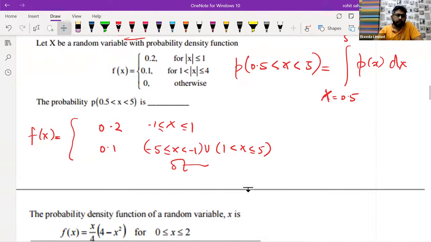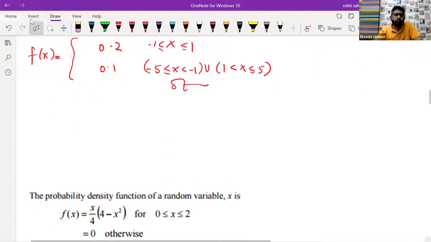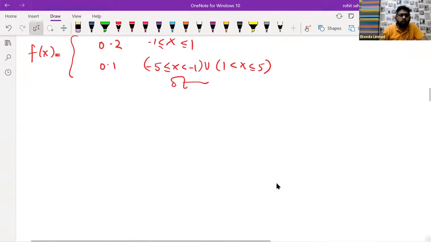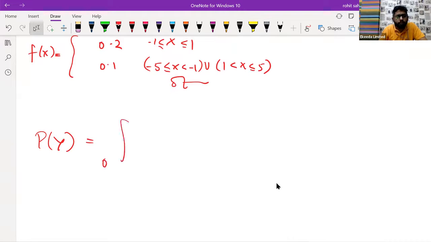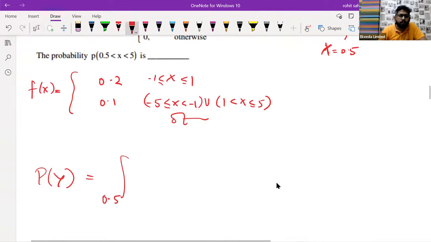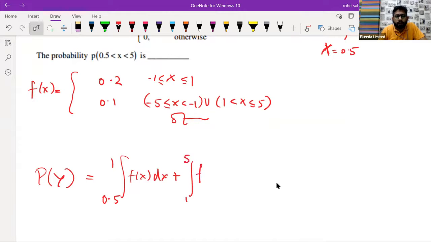Of course, you studied the rules of definite integration, you can break it, right? We broke the interval. That means your probability for X, I'll write it as probability of Y, the condition on X I wrote as Y. The integral from 0.5 to 1 of f of X dx plus 1 to 5 of f of X dx.